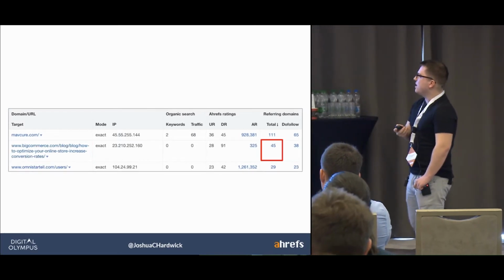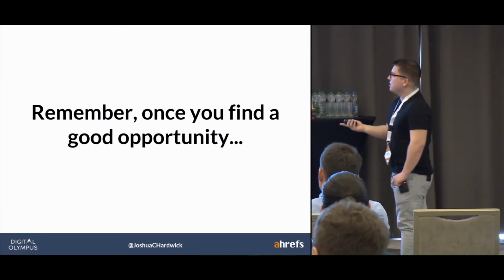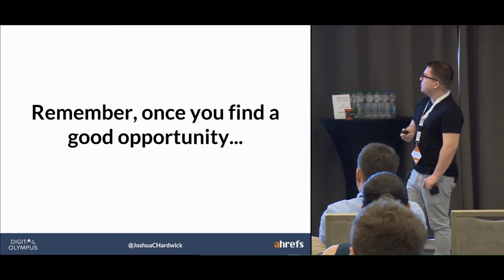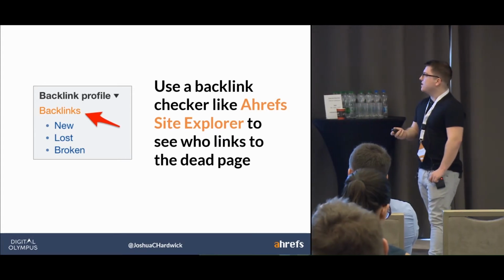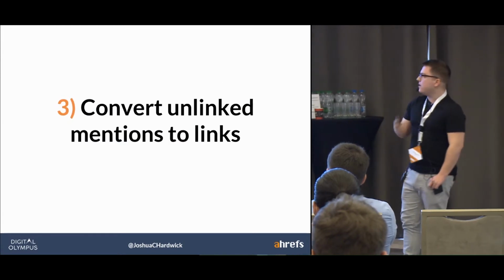If you click through to the page, it is a dead page. So again, you can recreate that content, put it into the Wayback Machine, figure out what it was, recreate it, and then reach out to all of those people. The way to do that is to paste the dead URL into a backlink checker, look at the backlinks report, and you'll see everyone linking to that page.